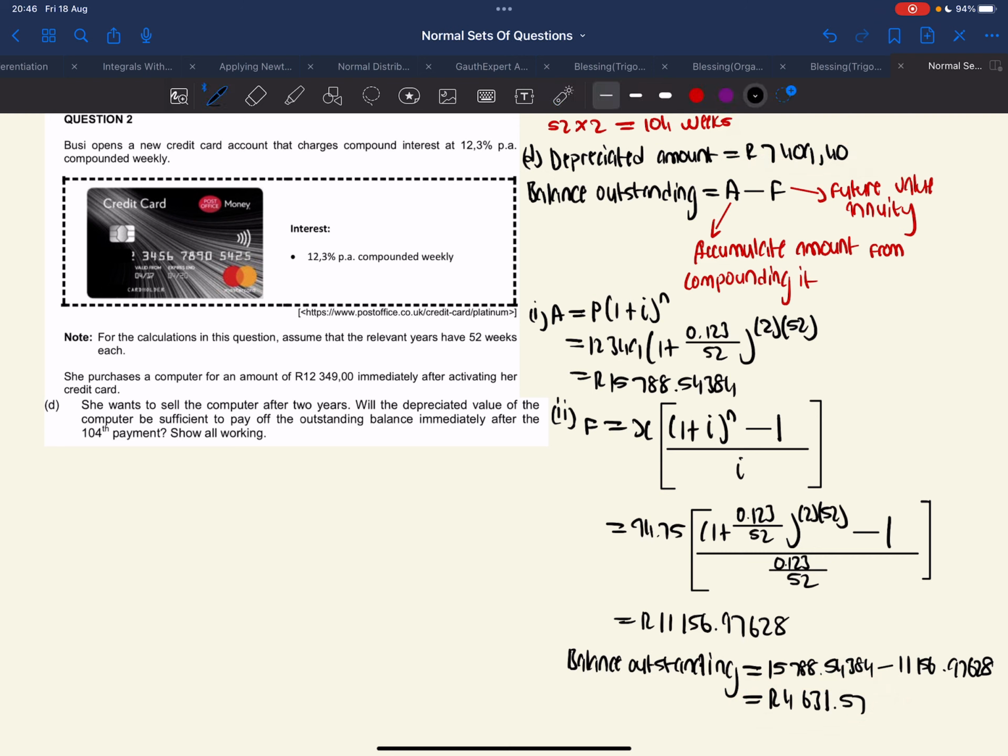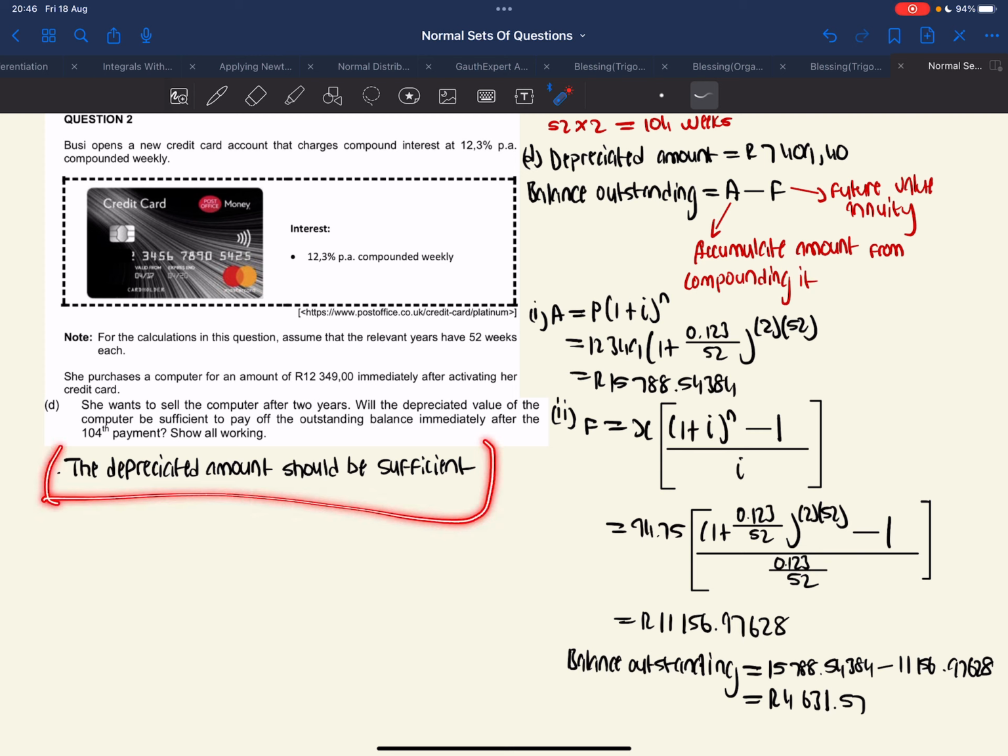So therefore the depreciated amount should be sufficient, right? Immediately after you do all your calculations, you gotta tell them if this is sufficient, because it won't matter if you do all these calculations only to lose 1 mark at the end.